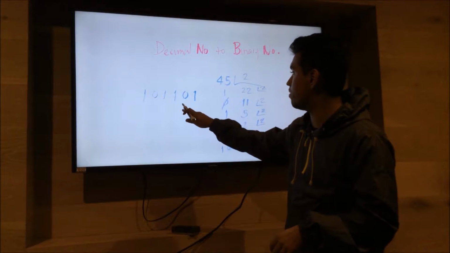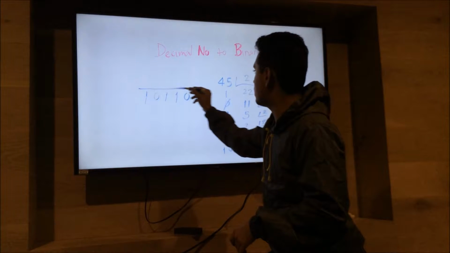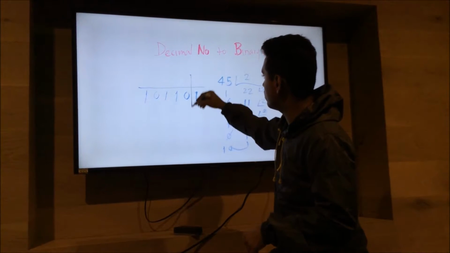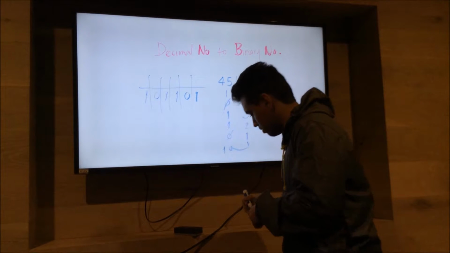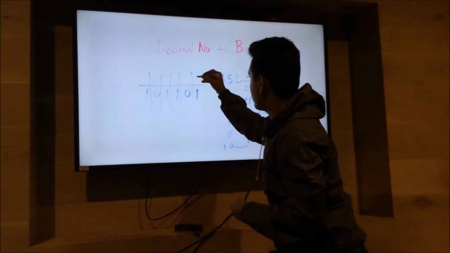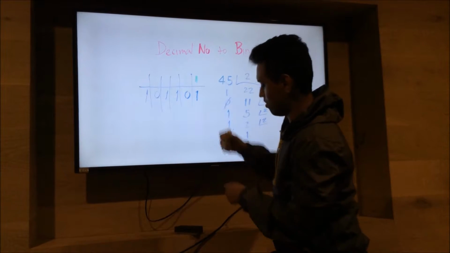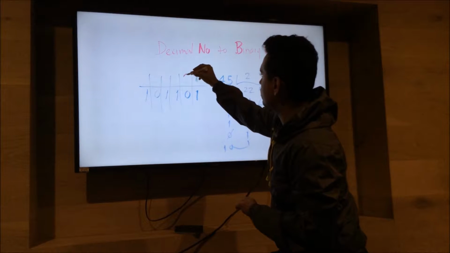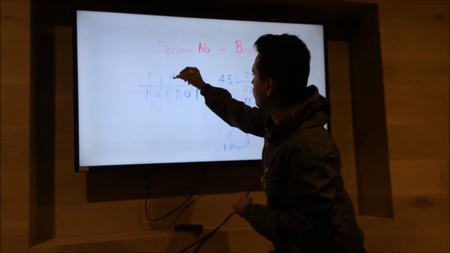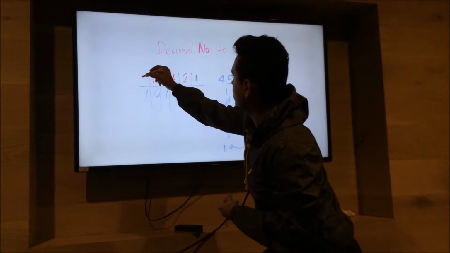Well, we have not finished. To confirm if the number is correct, we place the powers of 2, which are 1, 2, again 1, 2, 4, 8, 16, 32.